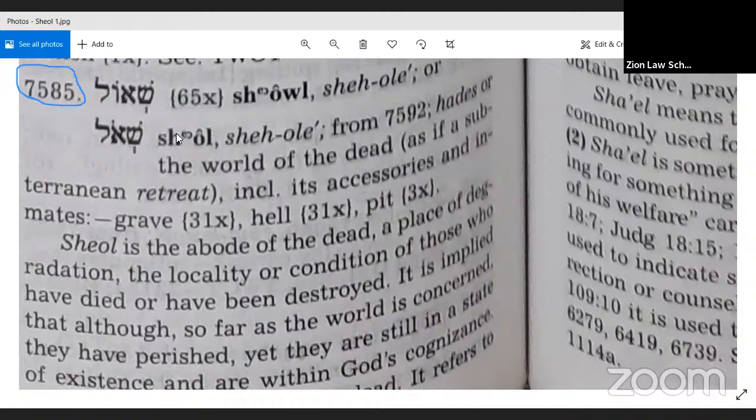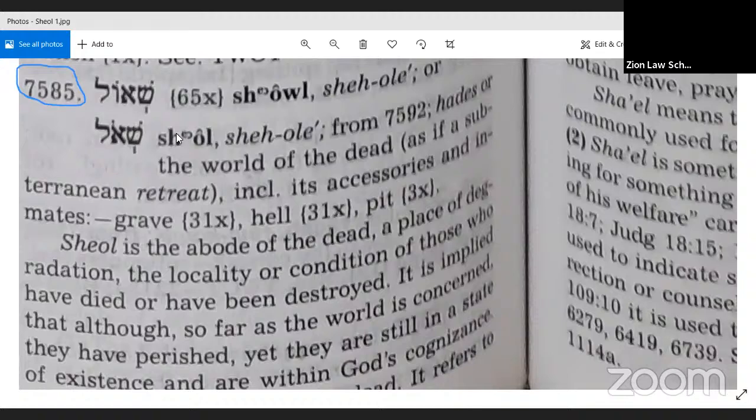There's a relationship between the words. Part of understanding our language is understanding the relationship between words, the etymology and the relationship between each word. I'm going to go ahead and read Strong's number 7592.